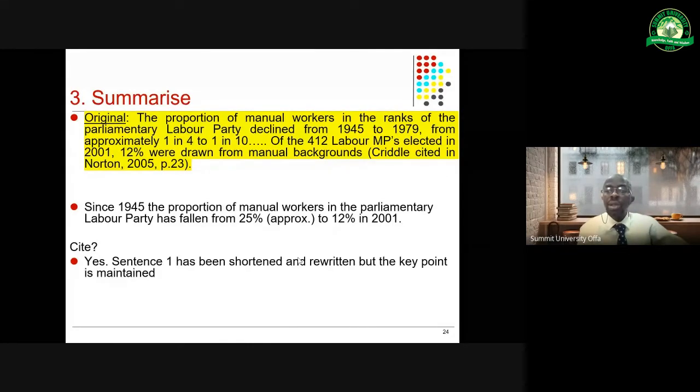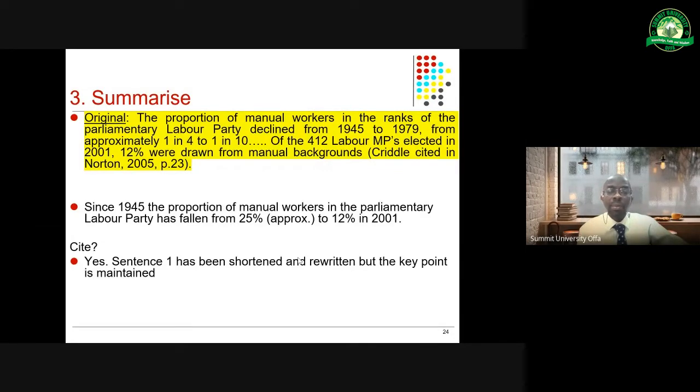Of the 412 Labour MPs elected in 2001, 12% were drawn from a manual background. So you can see the source there. And you can now see the summary there: since 1945, the proportion of manual workers in the Parliamentary Labour Party has fallen from 25% to 12% in 2001. So you can see the summary.